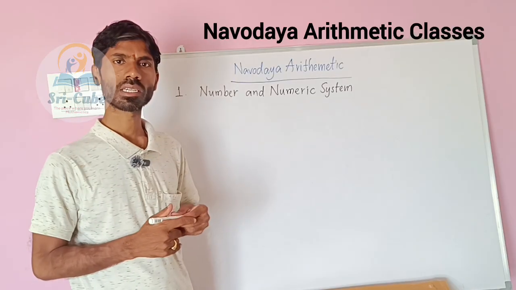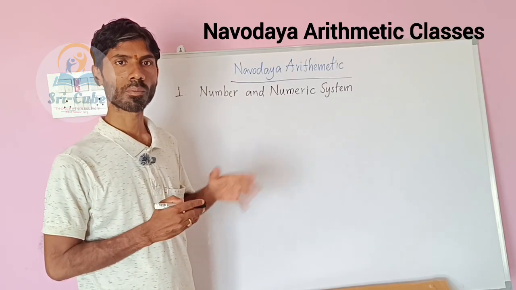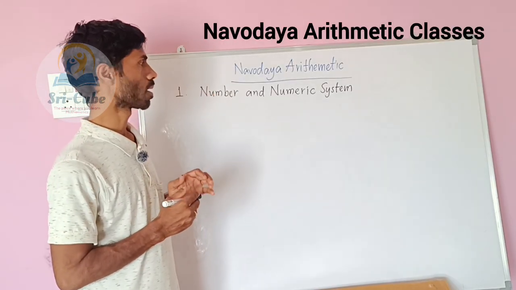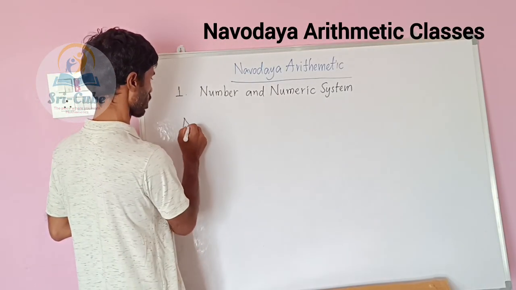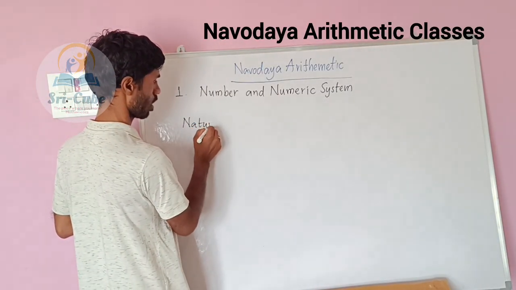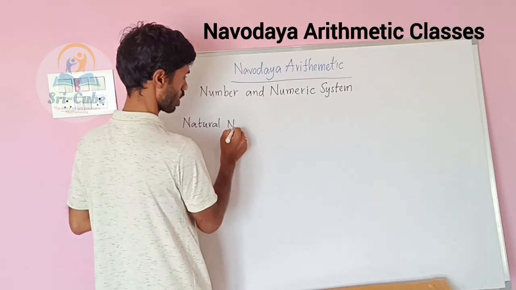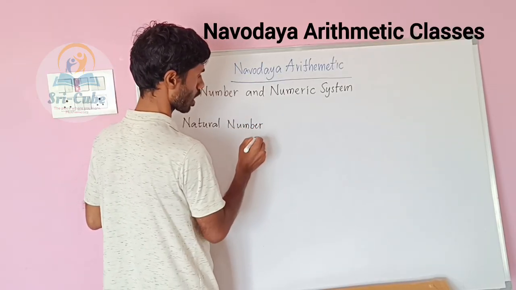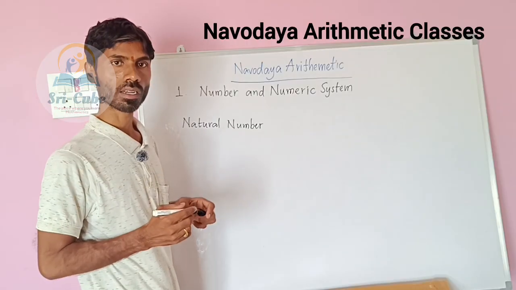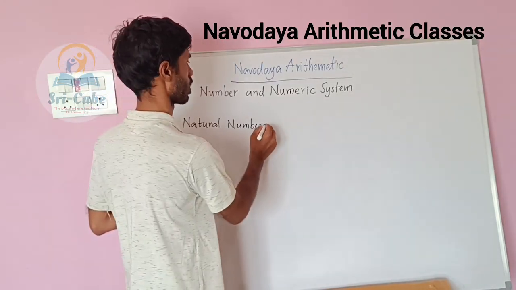So at primary and upper primary level, we should know some number systems. First number system is natural number set. Natural numbers: all counting numbers starting from 1 are called natural numbers.